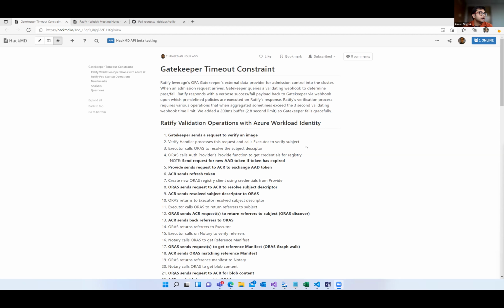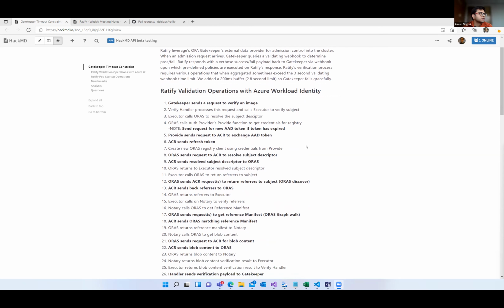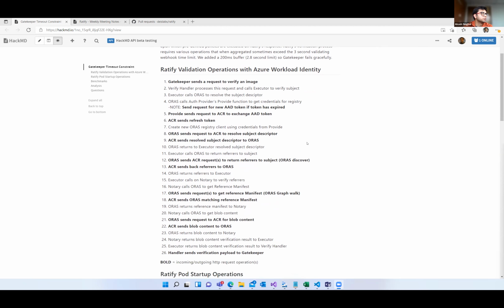So to start, I broke down the entire flow into all of the different components, both from the code execution side as well as the bolded text for the incoming or outgoing HTTP requests.